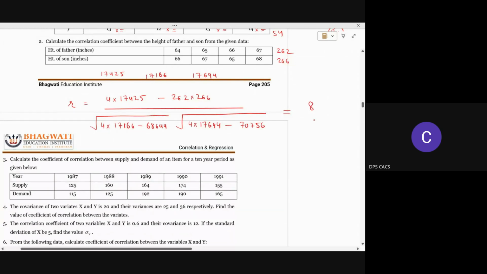Numerator is 8, right? And denominator is 20. So the final answer is 0.4.